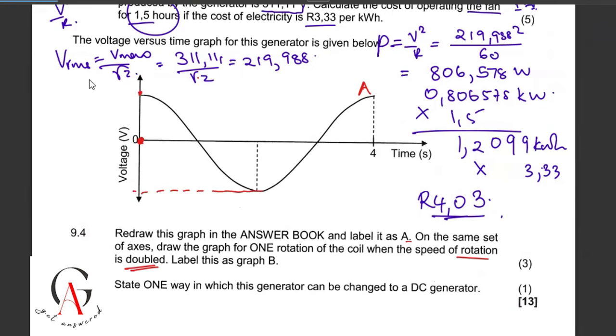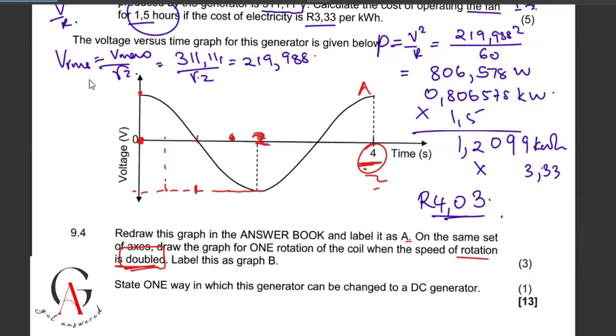If this is a 4, this is going to be a 2, and this is going to be a 1. So the period of the graph is going to decrease by 2. So 4 divided by 2, which means 2. So at a 2, that's when we're going to find the period of this graph.